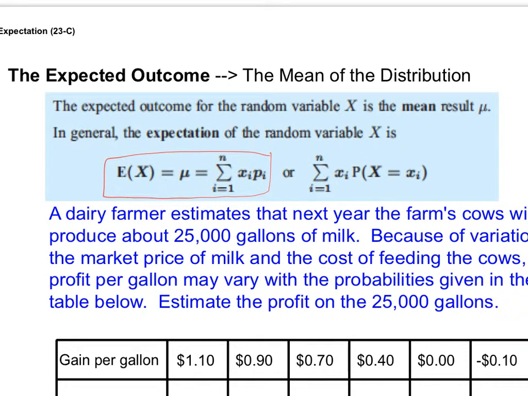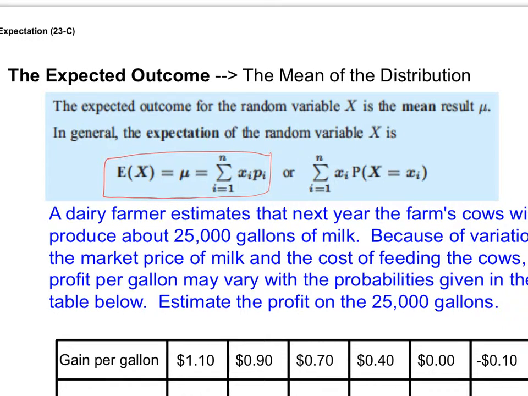E of x is a function. This is our expectation for the value of our discrete random variable x. We can also use mu for this, because it's the mean outcome.